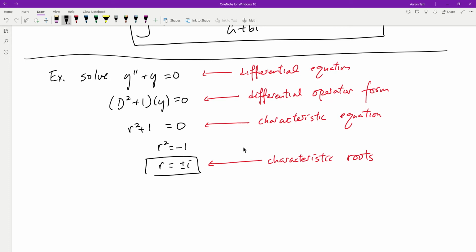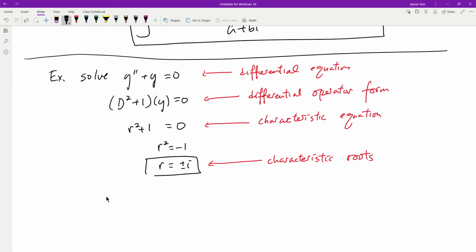Now the question comes down to how to write the solution. Well, guess what? Theorem 11.1.1 still applies, even if the root is complex. The only difference is that we didn't know how to deal with the complex exponential part, but now we do, so we can write our solution.